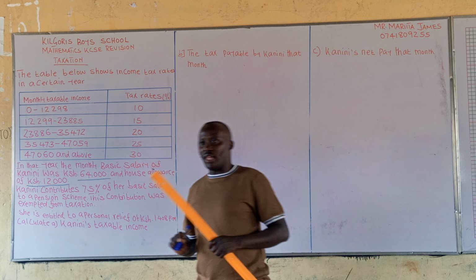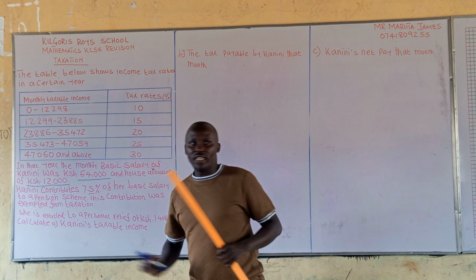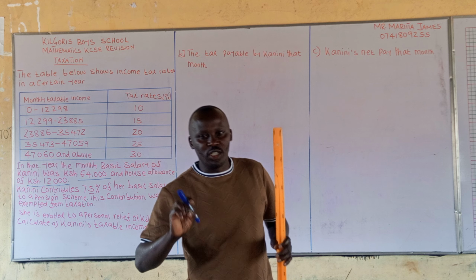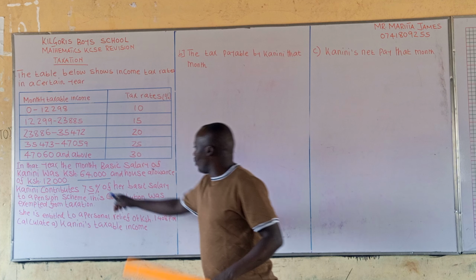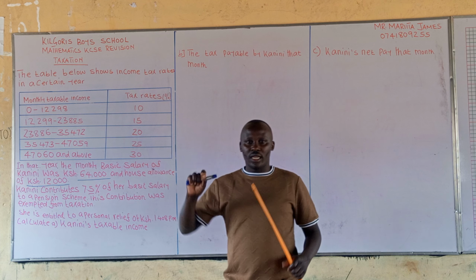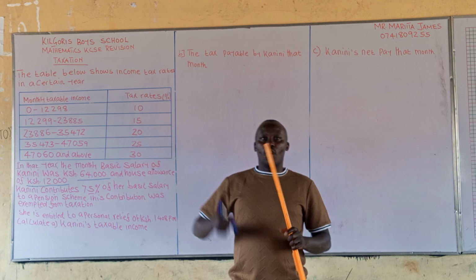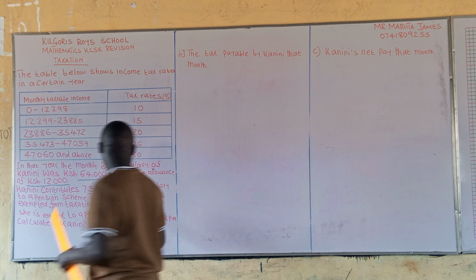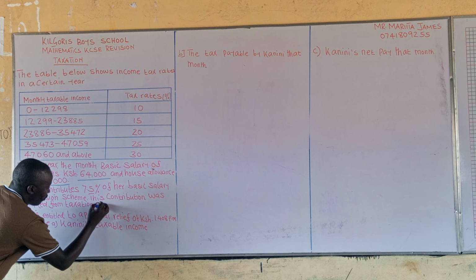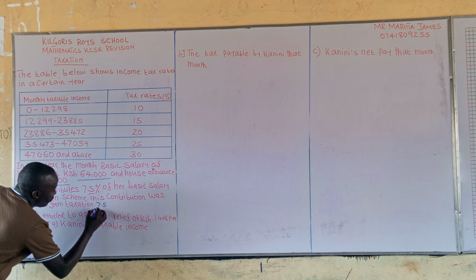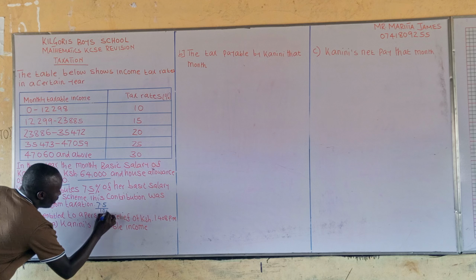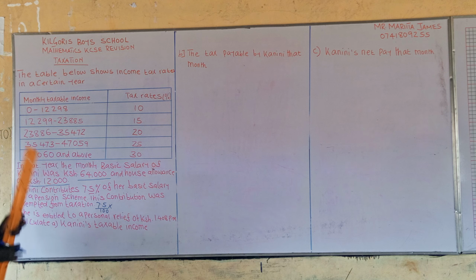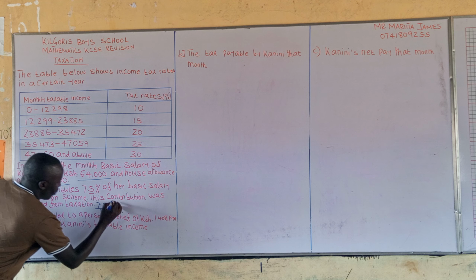So it means we are supposed to get the 7.5% of the basic salary. You can calculate 7.5 over 100 of the basic salary. The basic salary is 64,000.